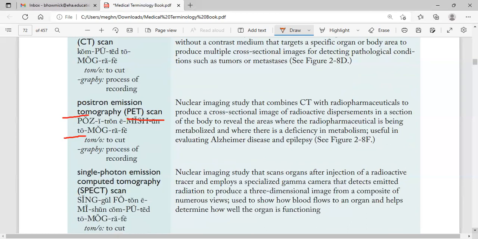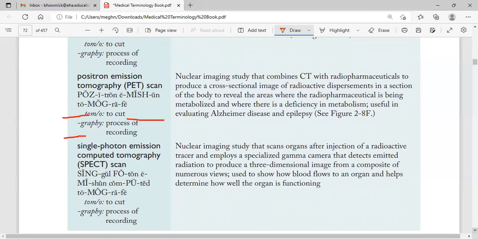Then single photon emission computed tomography, right? A nuclear imaging study that scans an organ after injection of a radioactive substance and employs a specialized gamma camera that detects the emitted radiation to produce a three-dimensional image from a composite of numerous views.